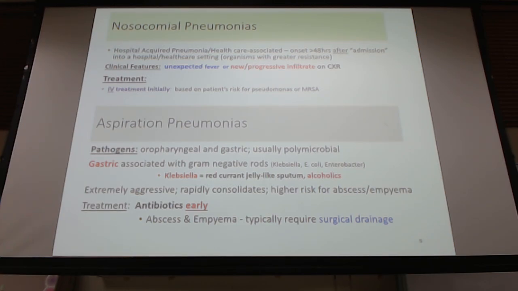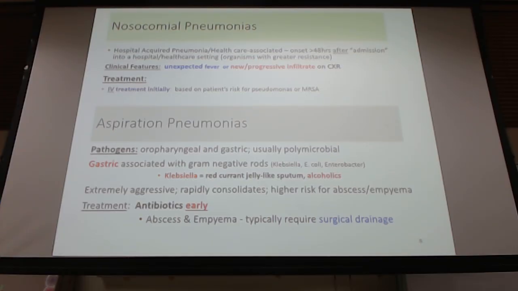Aspiration pneumonias: we can aspirate all kinds of things, but this is one classically where you're aspirating gastric contents. This is a classic association to alcoholics. A very classic presentation is a homeless person who is an alcoholic, who was found down, who came in with a very, very high fever.